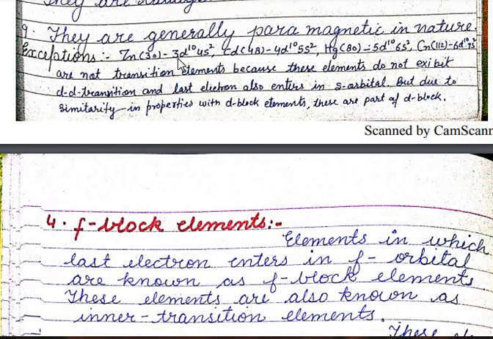Zinc 30, outer configuration 3d10, 4s2, cadmium 48, 4d10, 5s2, mercury 80, 5d10, 6s2, and Cn 112 are not transition elements because these elements do not exhibit dd transition, and the last electron also enters the s orbital.